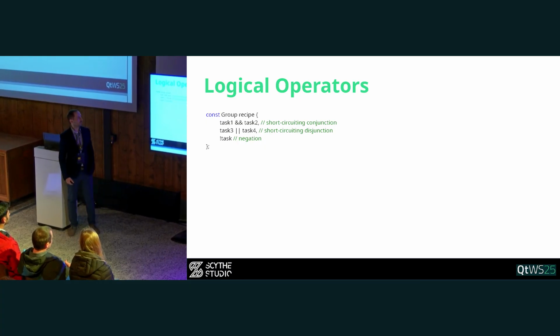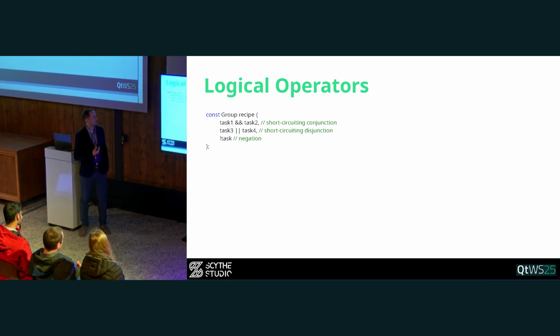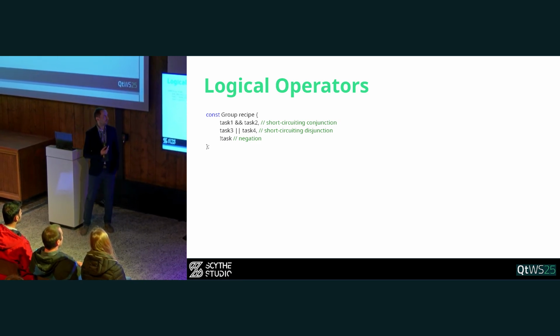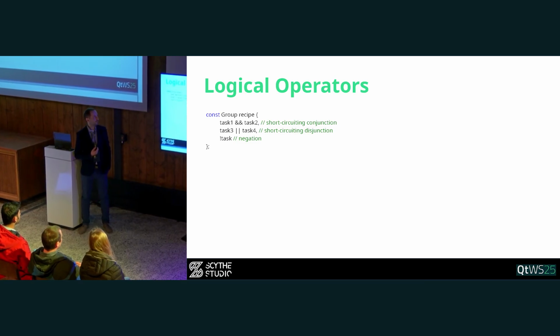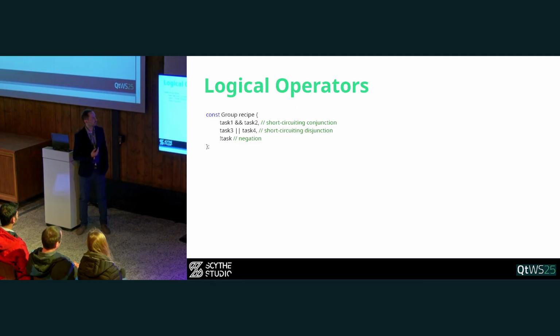Task Tree is actually quite complex and quite expressive. It overloads C++ operators, so you can really describe what should happen to your tasks in a very expressive way.